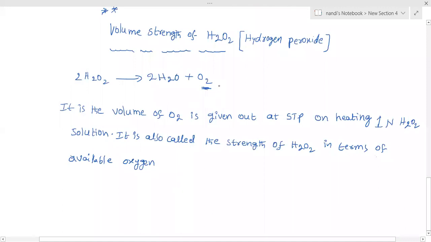O2 is a gas and this is a liquid. So that's why we measure at STP conditions. If I know the volume of oxygen, I can indirectly predict the concentration of H2O2, or if I know the concentration of H2O2, I can predict the volume of O2. Now we can see step by step what to do.